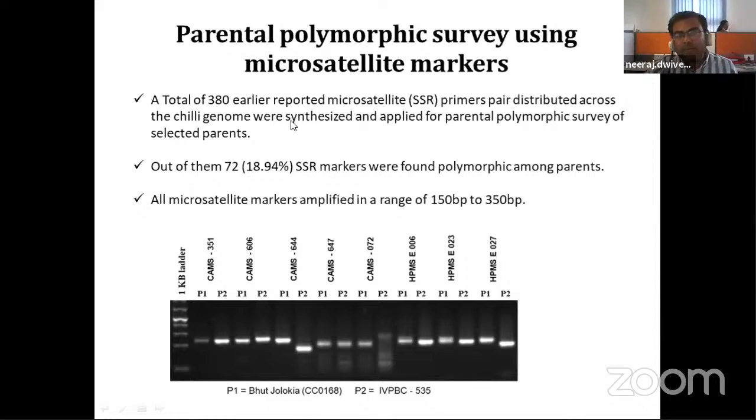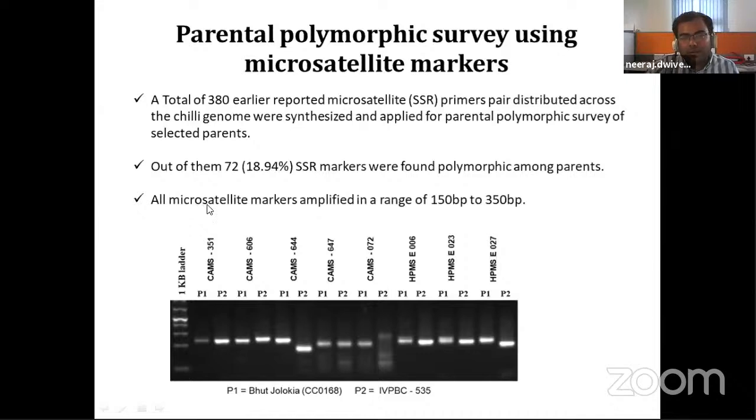Here I am showing the results I have got from microsatellite screening. I have used 380 reported microsatellite markers distributed across the chili genome, and we have got 72 distinctly polymorphic markers, which is 18.94% among the parents.